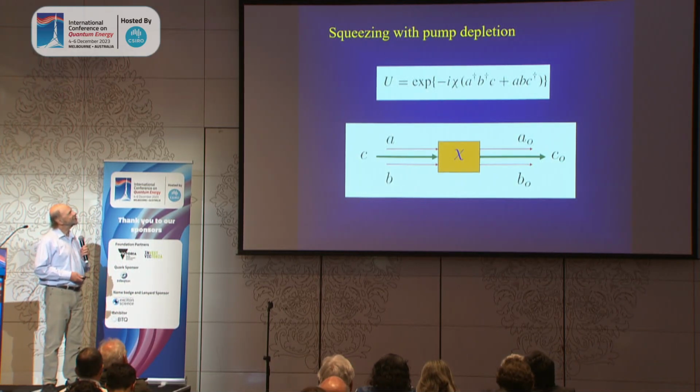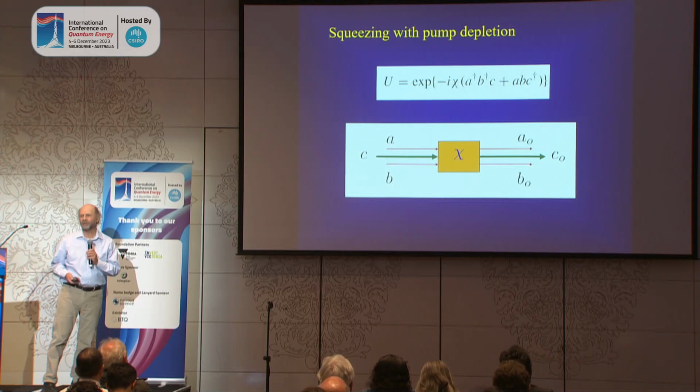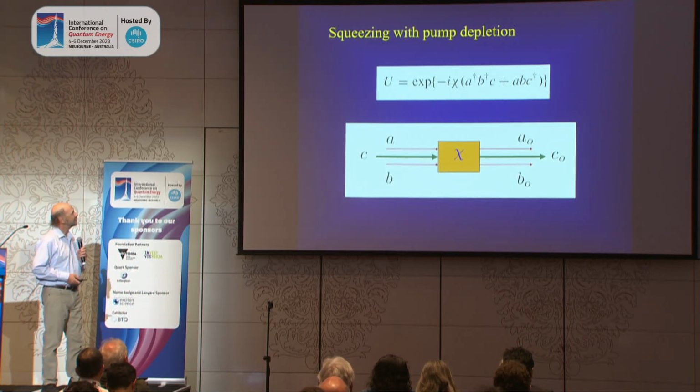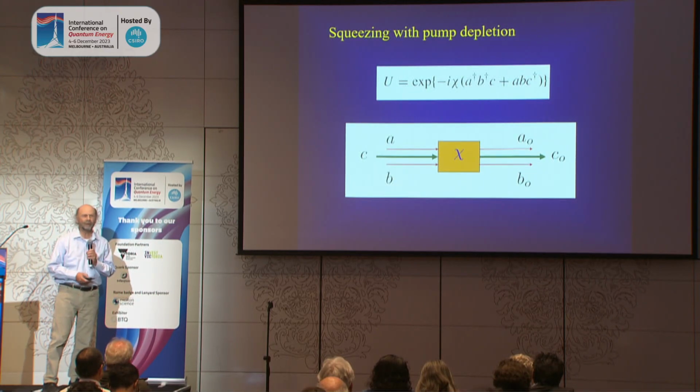The problem is that you can really only get to a pump photon number of about 50 or so before you run out of steam with those ways of doing it. So what we've done recently is found a clever way to do the expansion which retains the ability to have the pump at any power you like.